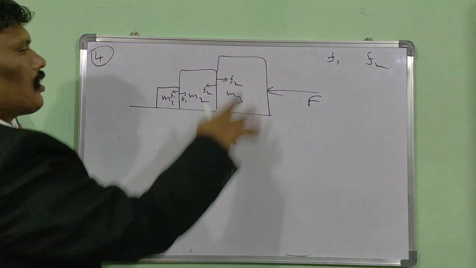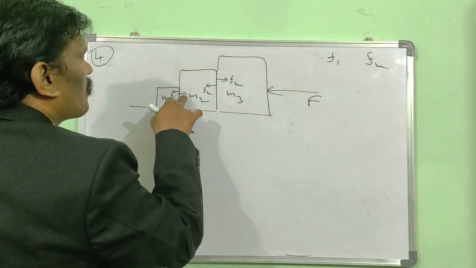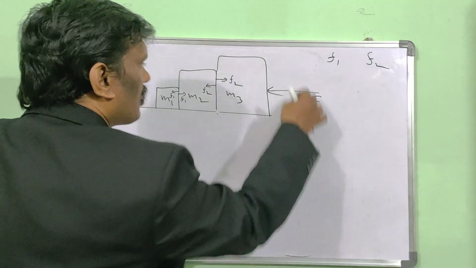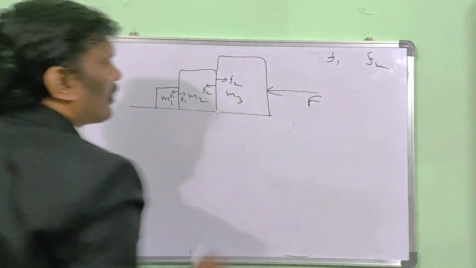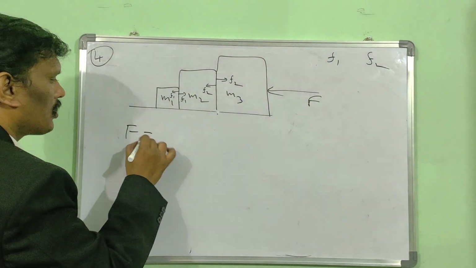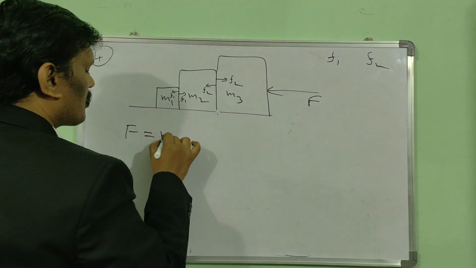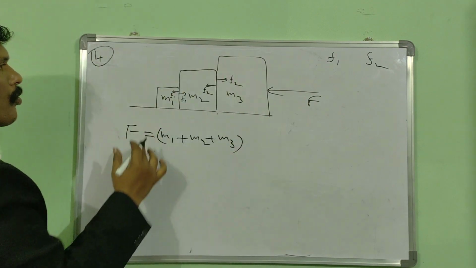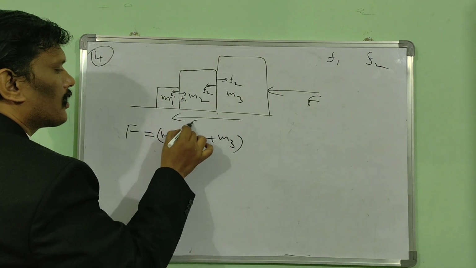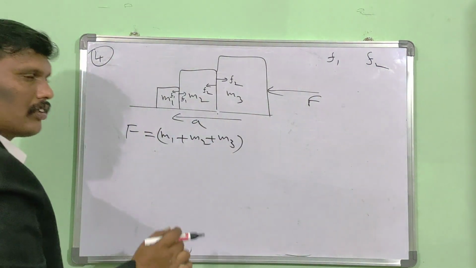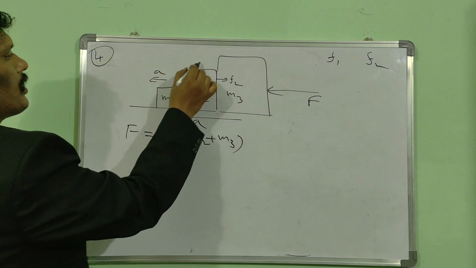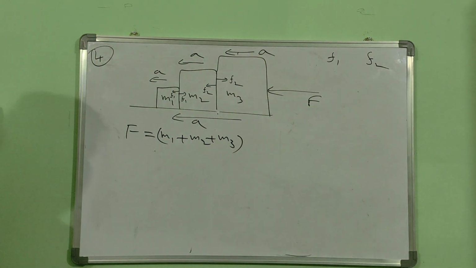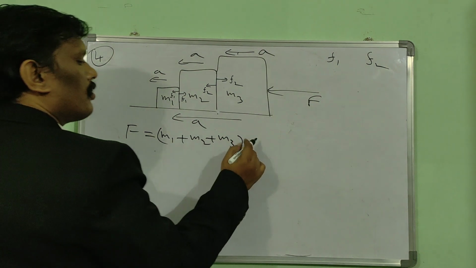Right. What is the total force acting on the system? These two forces are equal and opposite, so they cancel each other. These two forces are equal and opposite, so they cancel each other. Now the total force acting on the system is the net force itself, F, which is equal to the total mass of the system, M1 plus M2 plus M3, into acceleration. All the blocks are moving with the same acceleration A, in the direction of force. Force is equal to mass into acceleration of the system.